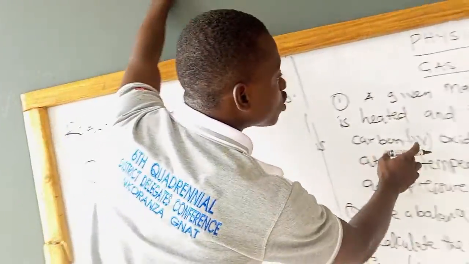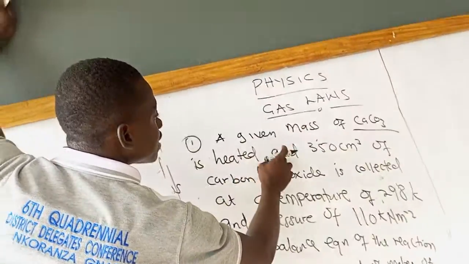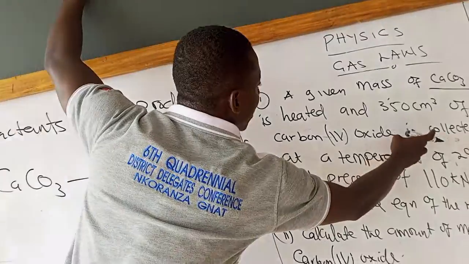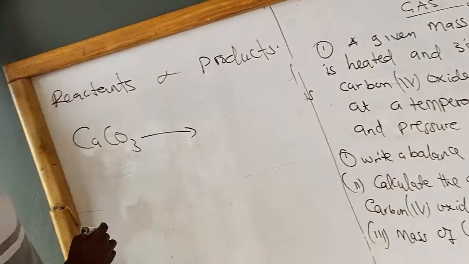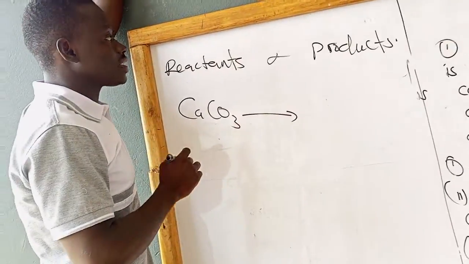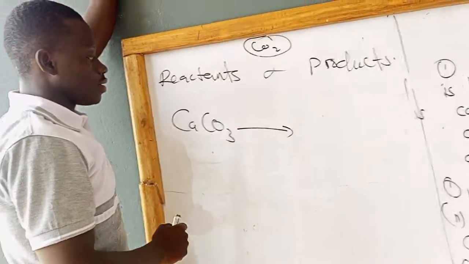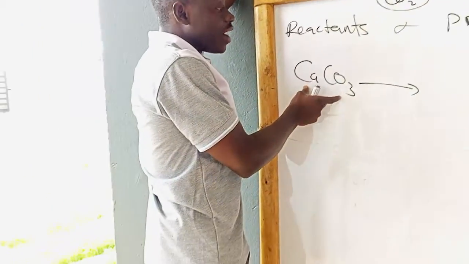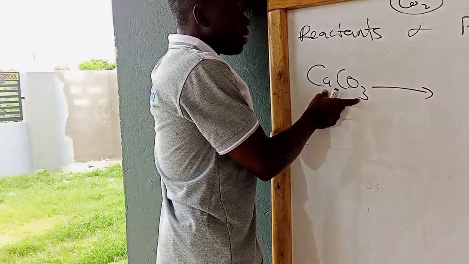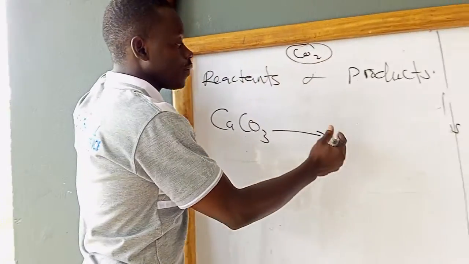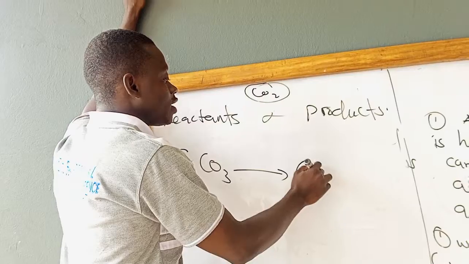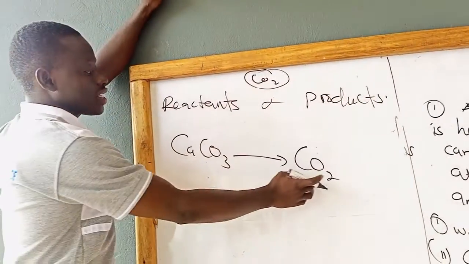Calcium carbonate is heated, and then carbon 4 oxide was collected. This is carbon 4 oxide, the gas that was collected. So when you heat this and you collect carbon 4 oxide, what will remain? Let's assume this is the carbon 4 oxide that was collected.